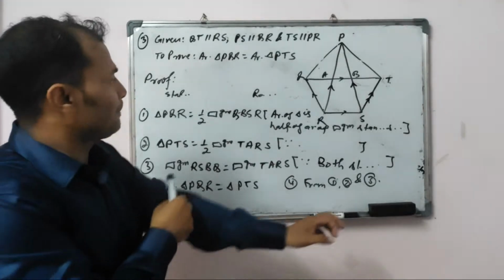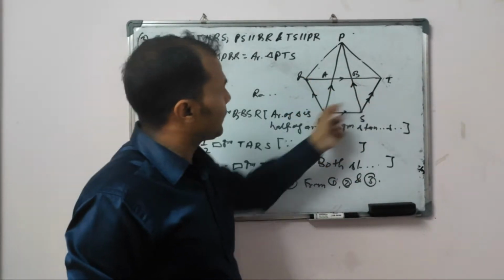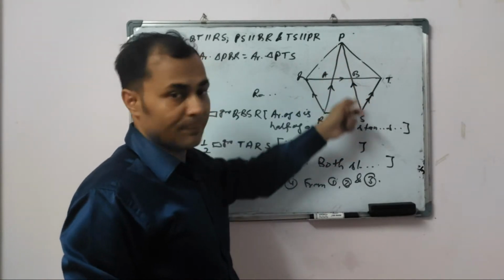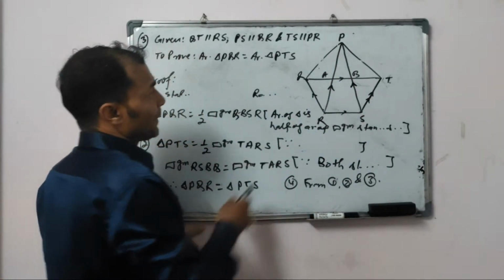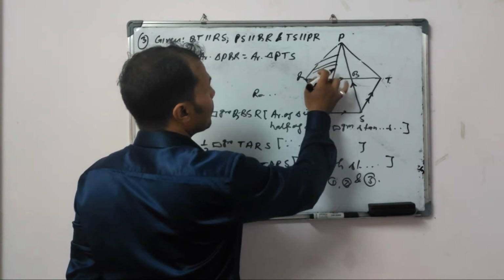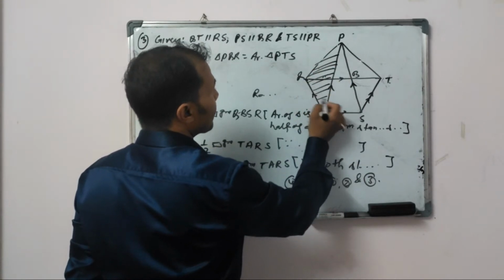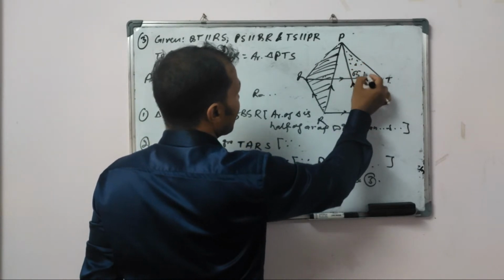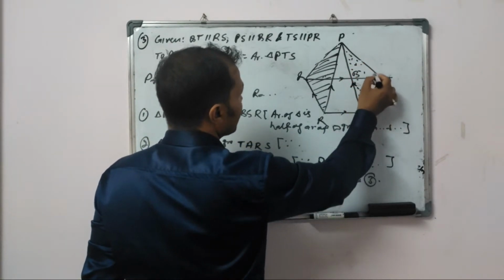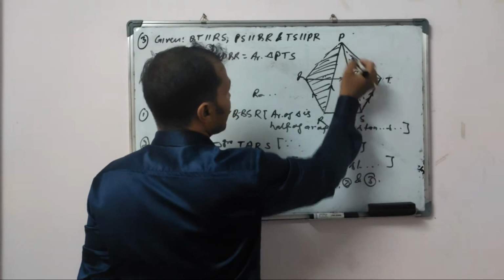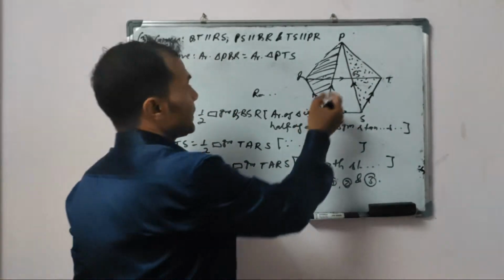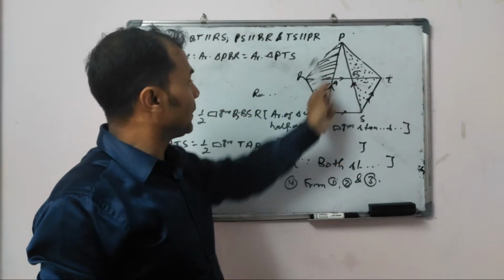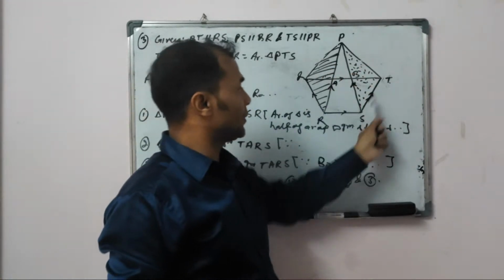Okay. Right, look here. This line and this line are parallel. This line and this line are parallel, and this line and this line are parallel. What you need to prove is that the area of this triangle is equal to this triangle. We have to prove that triangle PQR is equal to triangle PTS.